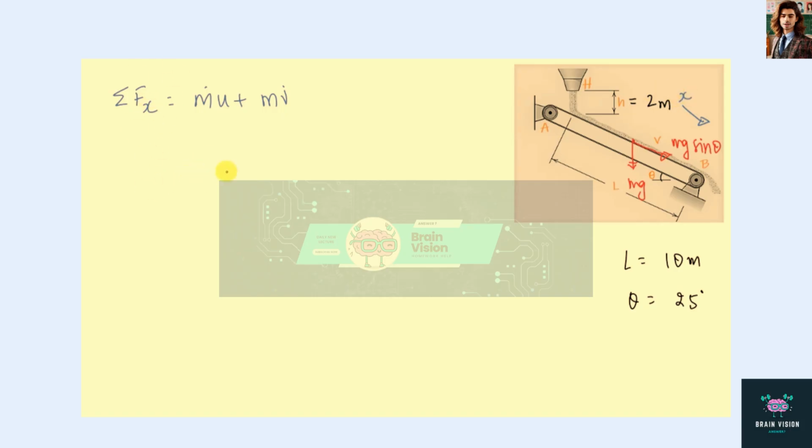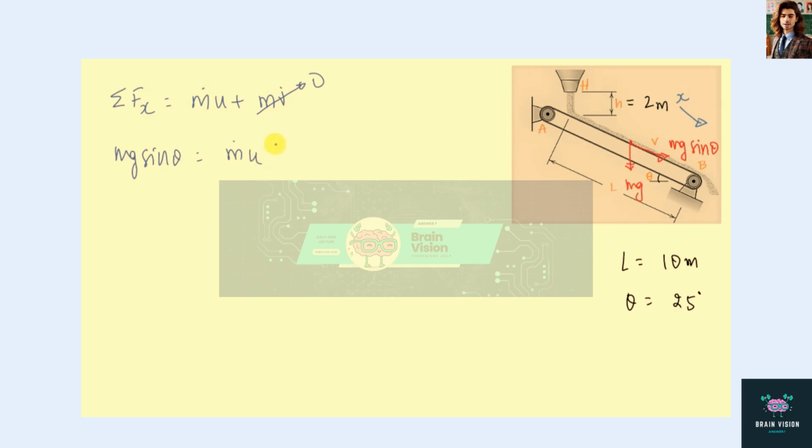Now in x direction we have only one force, that is mg sine theta. We'll take the component of this mg force in the x direction, so it would be mg sine theta is equal to m dot u plus, now there is no acceleration, so this term would be 0.